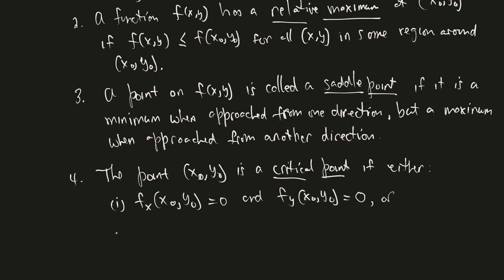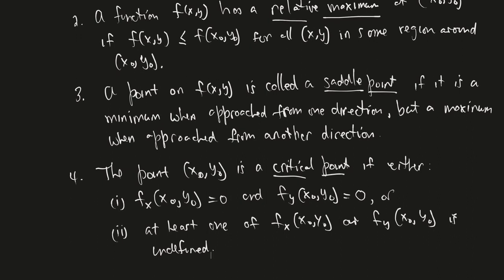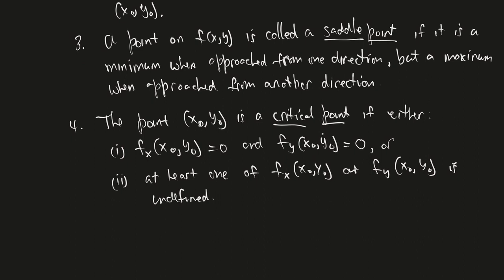The other way is where you have those sharp corners, where at least one of fx(x0, y0) or fy(x0, y0) is undefined. And that's how we define critical points. So a lot of the terminology is very similar.